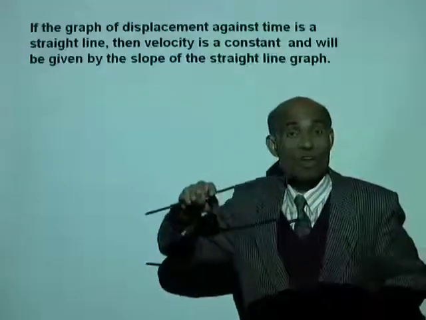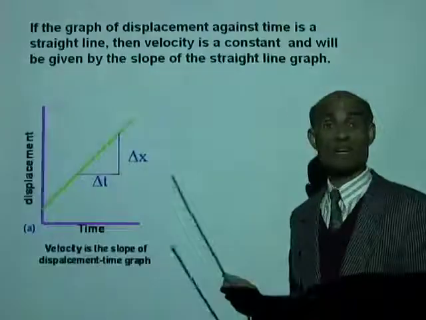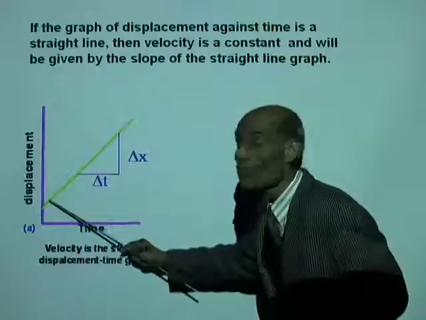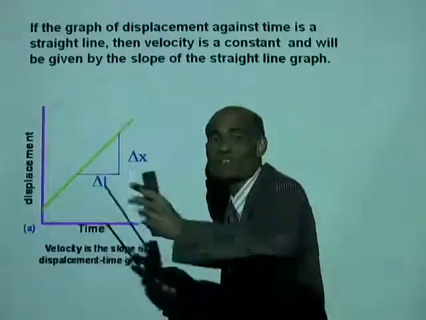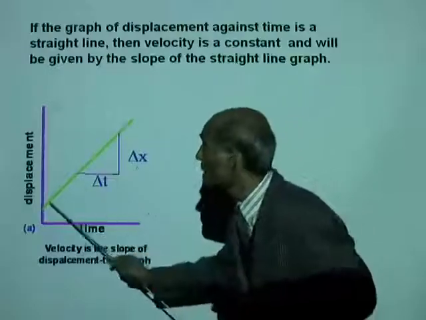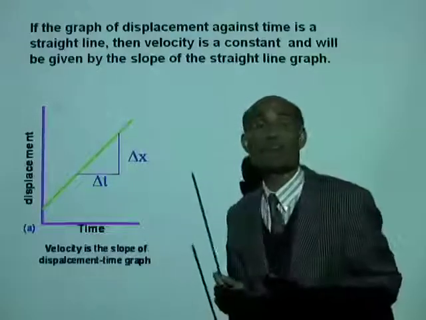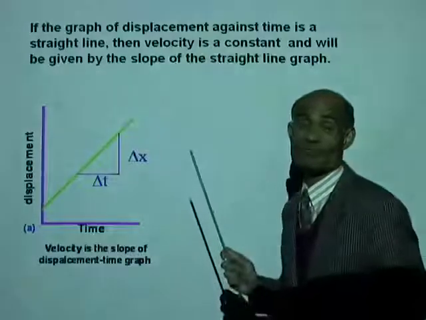You see, if the velocity remains a constant, then only the line will be a straight line. So displacement against time will be a straight line if the velocity remains a constant, and the slope of the displacement against time graph will be a measure of the velocity.